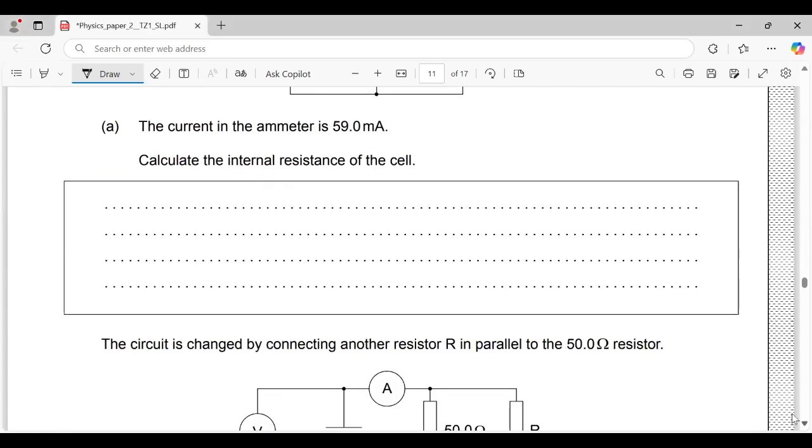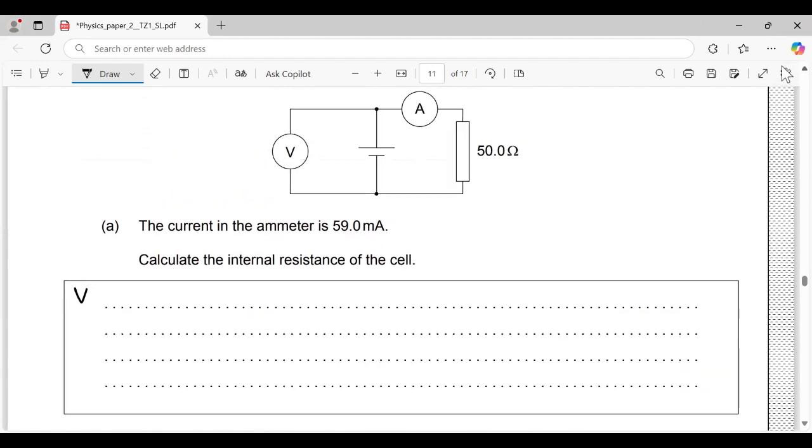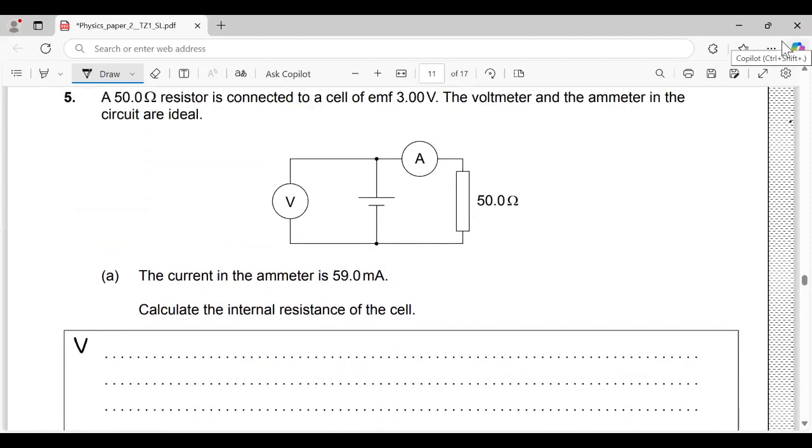Okay, so I would like to identify that phi is the total voltage of this circuit, or the electromotive force, and this is 3.00 volts according to this number.